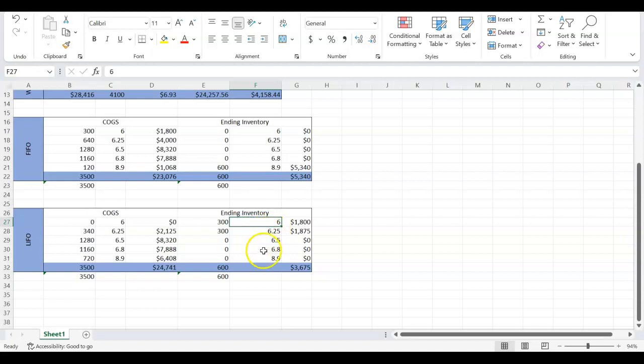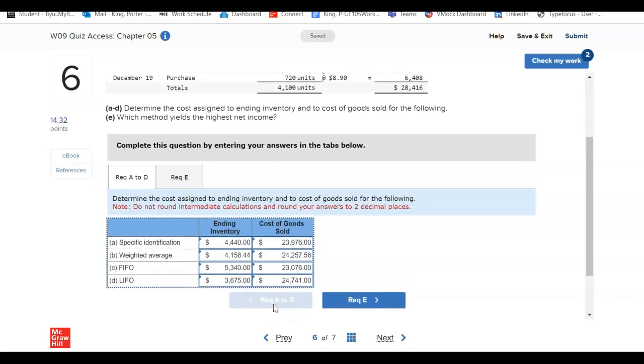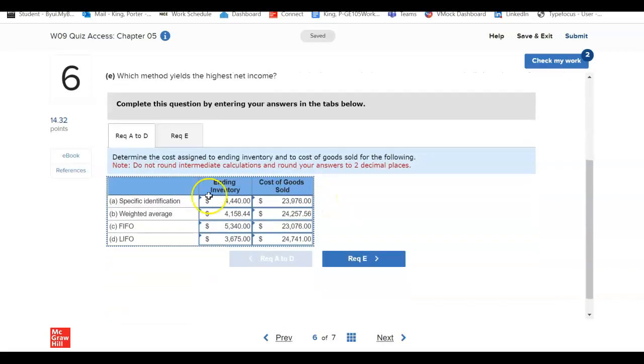The first one at 6 and the second one at 6.25, and we got those minor differences in the price, but together it equaled 3,675. So we can come back over here, punch it in, 3,675, and that completes our first step of the questions A, B, C, and D.